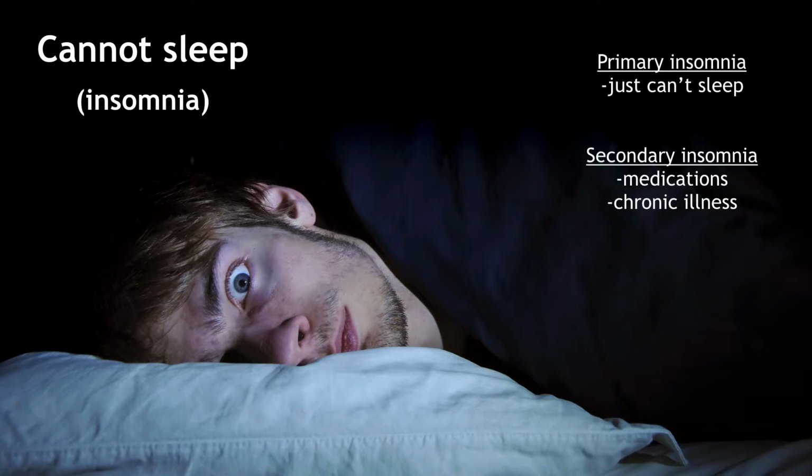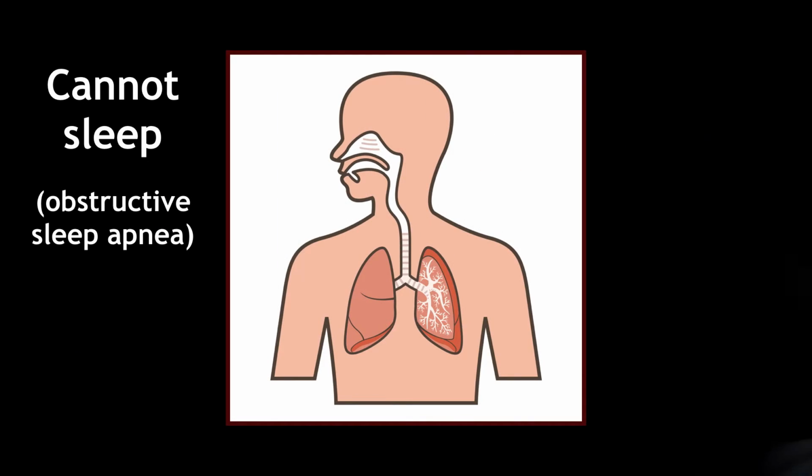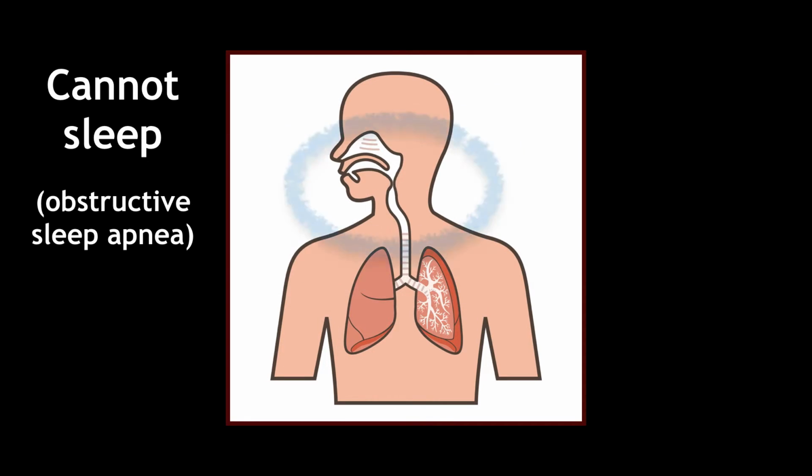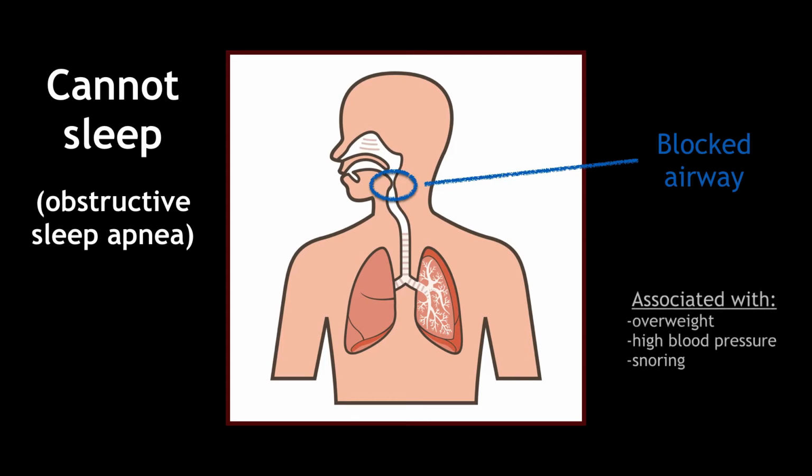Okay. And what's our second condition about? So obstructive sleep apnea, or sleep-disordered breathing, is basically where someone's sleep is interrupted because their breathing stops during sleep. It's associated very commonly with people who are overweight and who have high blood pressure, and especially people who snore very loudly at night.